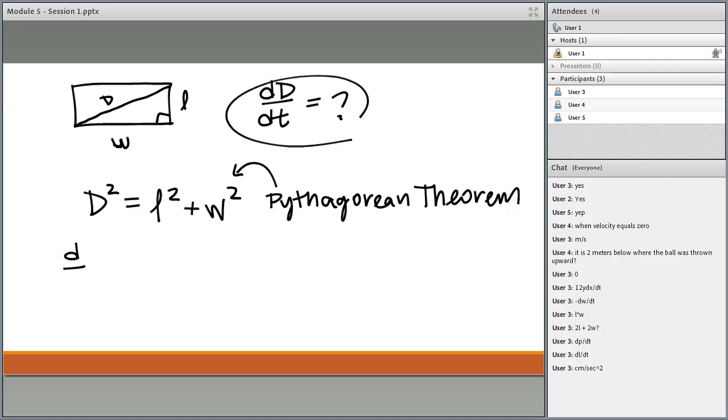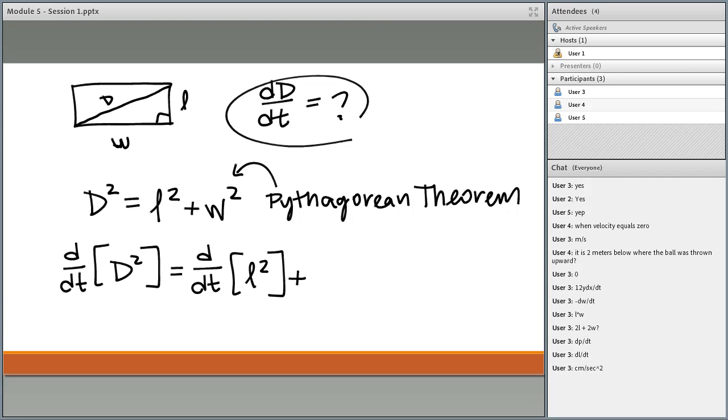So if I take the derivative with respect to t of each term, and the good thing again, I don't need the product rule again, like I did on the first one.